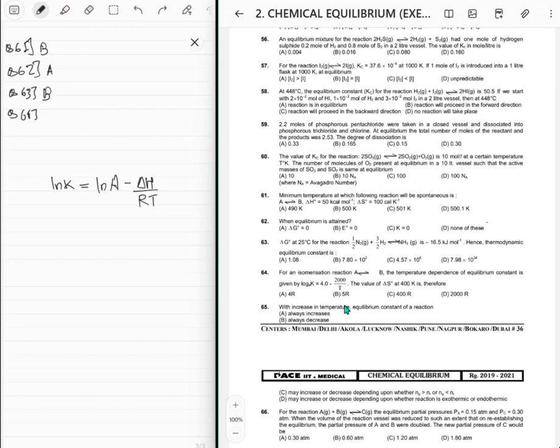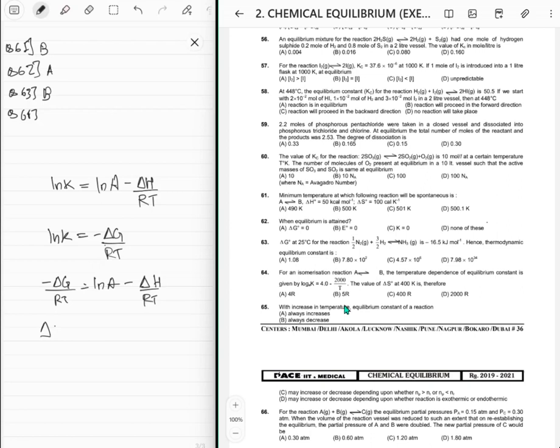Right, so that's the equation, and you also know that natural log K is just negative delta G upon RT. So putting that in there, negative delta G upon RT equal to natural log A minus delta H upon RT.